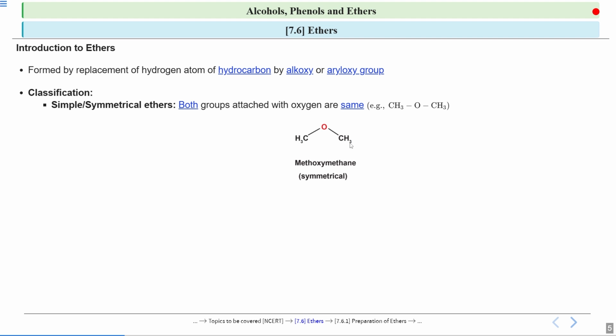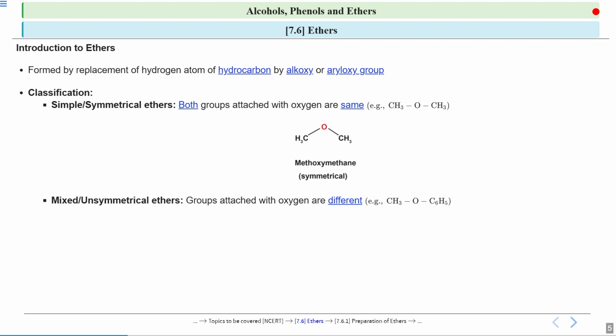So we can take either one of them as alkane or methoxy. We will write this group, O and this CH3 group, as methoxy. And this alkane group is methane. So it is methoxymethane. And it is symmetrical in nature. If you cut this molecule from between, then both the sides will be the same. It is a symmetrical ether.